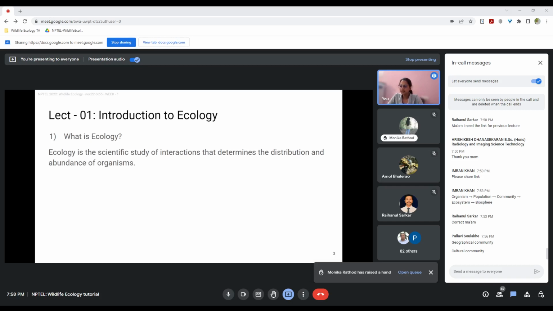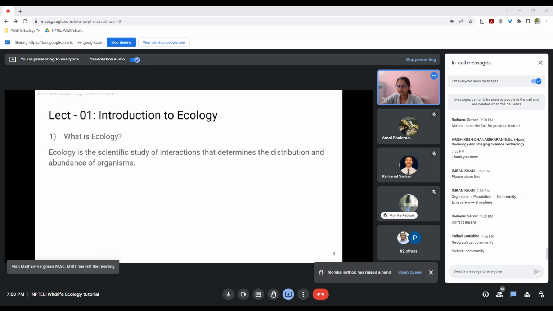Do they like berries versus insects? But if I'm studying what affects the distribution of these species, whether they are found in grasslands or forests, I need to go to the next level. So based on the question that you are asking, you study your target species at different levels. So organization in ecology is very important for this.